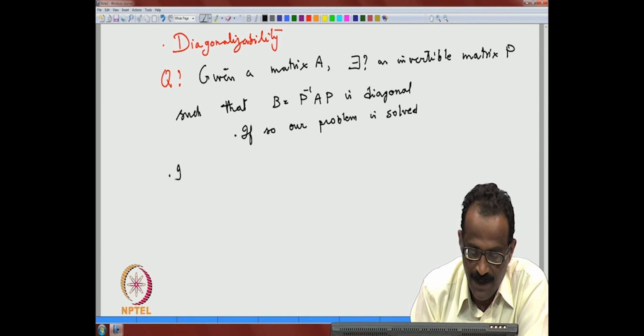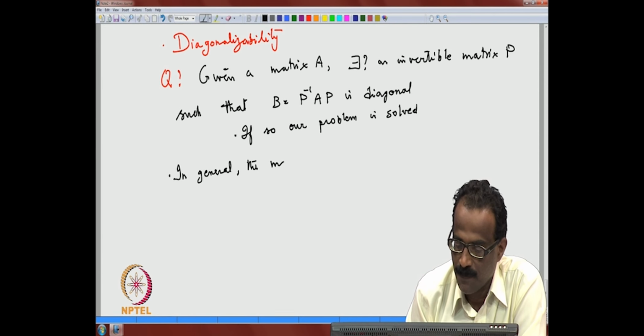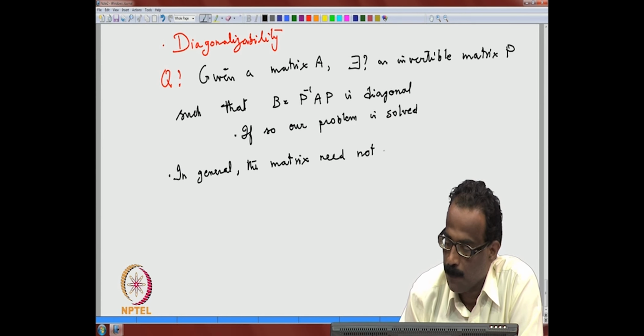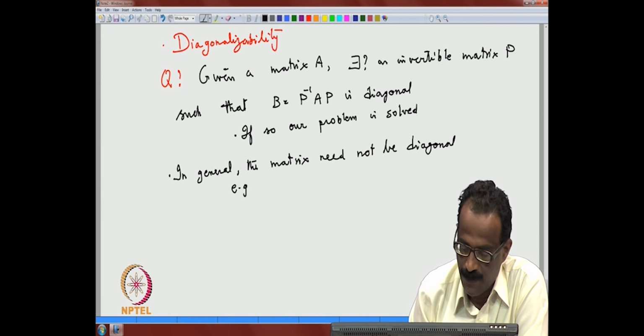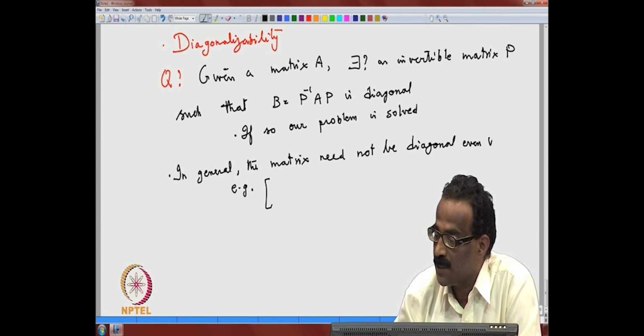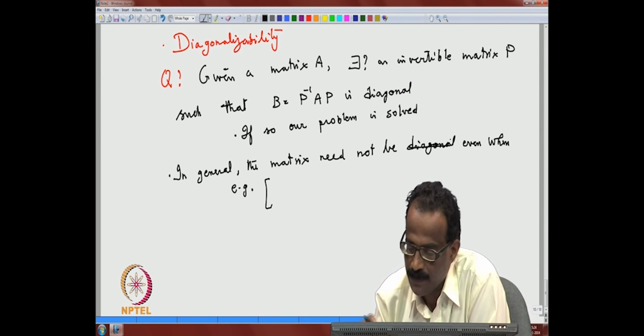in general, the matrix need not be diagonalizable. Example, even when n equal to 2, a matrix need not be diagonalizable.